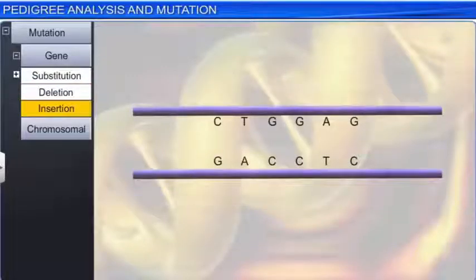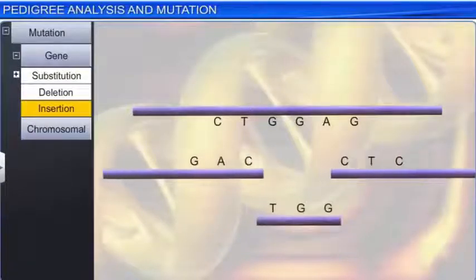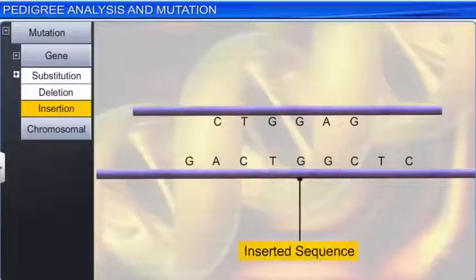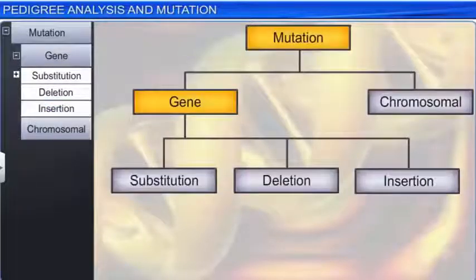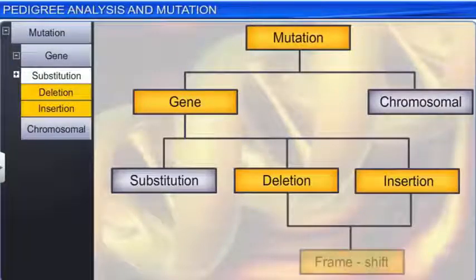Insertions occur when a sequence in a gene is added. For example, in Fragile X syndrome, additions of base pairs in the X chromosome make it fragile, leading to mental retardation. However, when deletions and insertions of several base pairs of DNA occur, it results in a frame shift mutation.